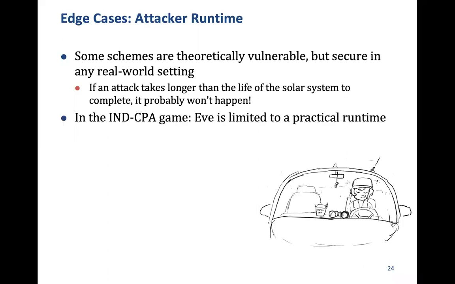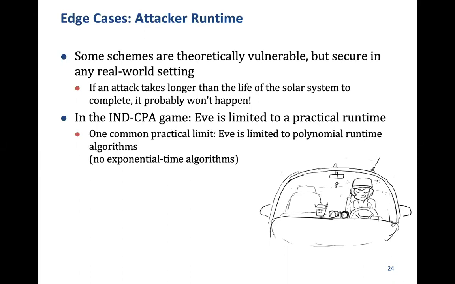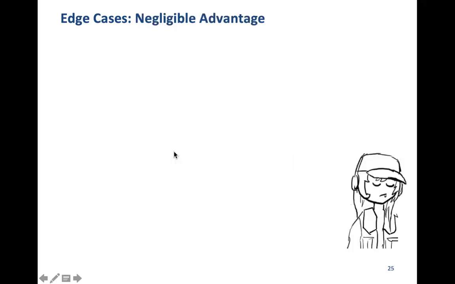So we can say that even if the probability of breaking is greater than half, the scheme could still be confidential. Okay, so now here in the game we can say that Eve is limited to practical runtime, not theoretically anything, right? So one limit we can say is that Eve is limited to polynomial runtime algorithms, not exponential runtime algorithms.